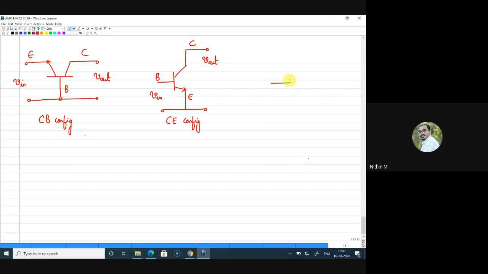And if you are giving input to base and output from emitter and you have collector in common, we call this common collector config, right? So these are the 3 different configurations we can use with BJT.